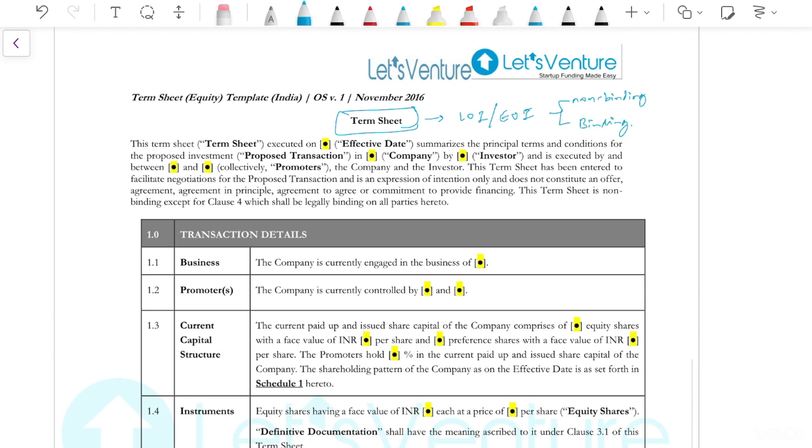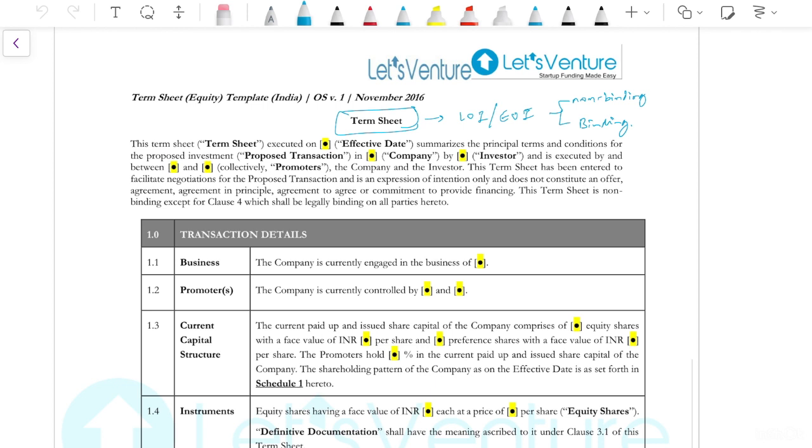How it impacts an investor or a company is that in case the term sheet is a binding term sheet and both the parties sign the term sheet, in that case, if the investor walks out of the agreement or if the company walks out of the agreement, there will be some sort of legal enforceability to protect this. Whereas in case of a non-binding term sheet, the investor can walk out of the deal or the company can walk out of the deal without having any legal binding attached to it.